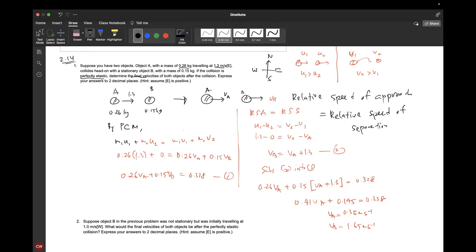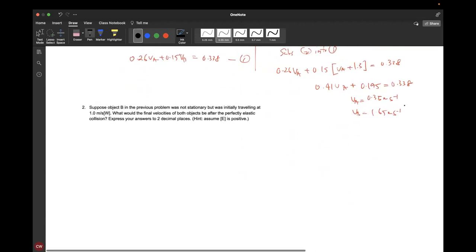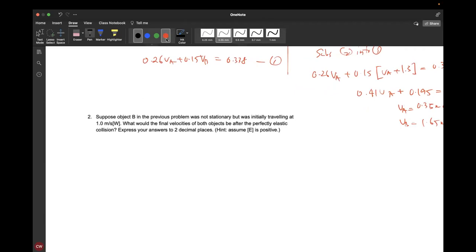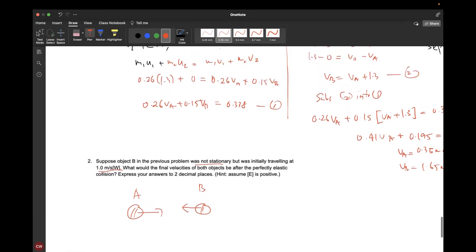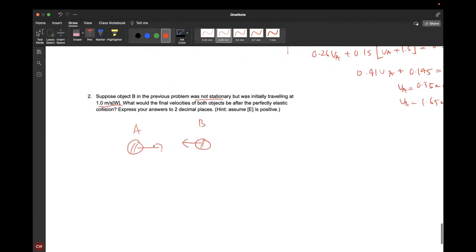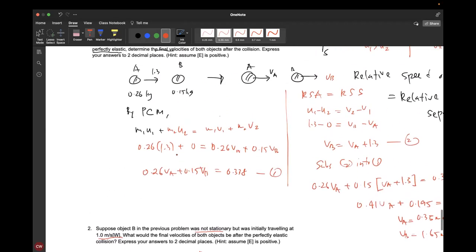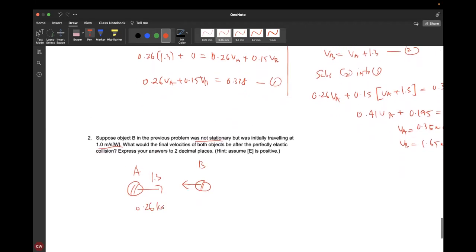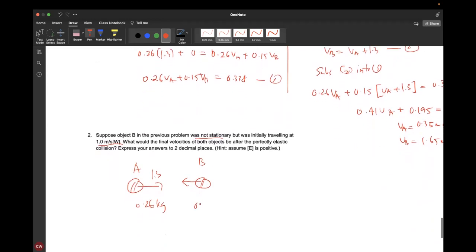Okay, second one. In the second one, B is not stationary but is traveling to the west. If A is moving and B is also moving to the west, it means they are actually moving towards one another. So everything is the same: 1.3, 0.26. The other one is 0.15, now moving with 1.